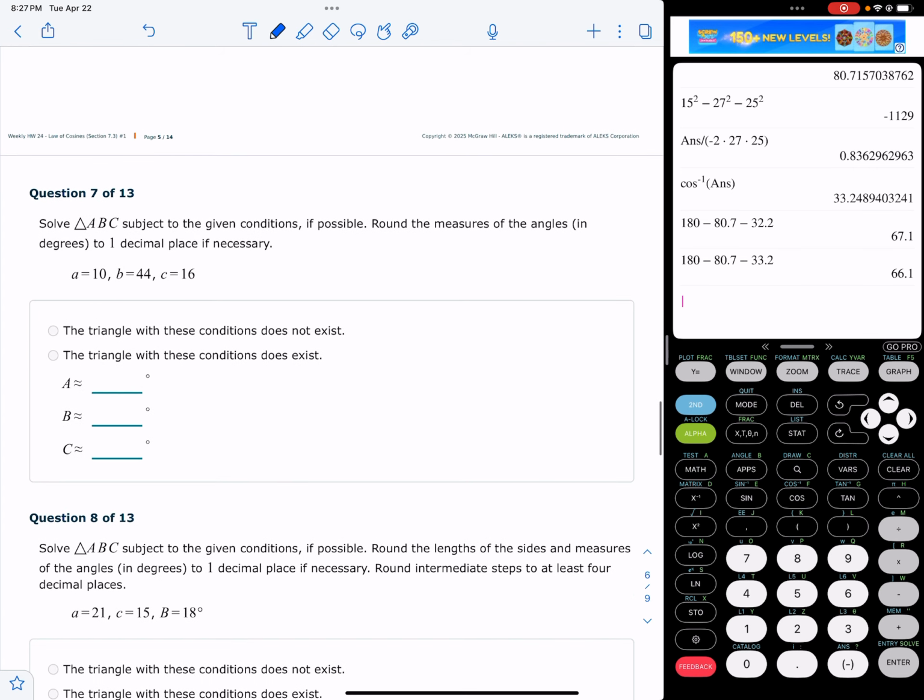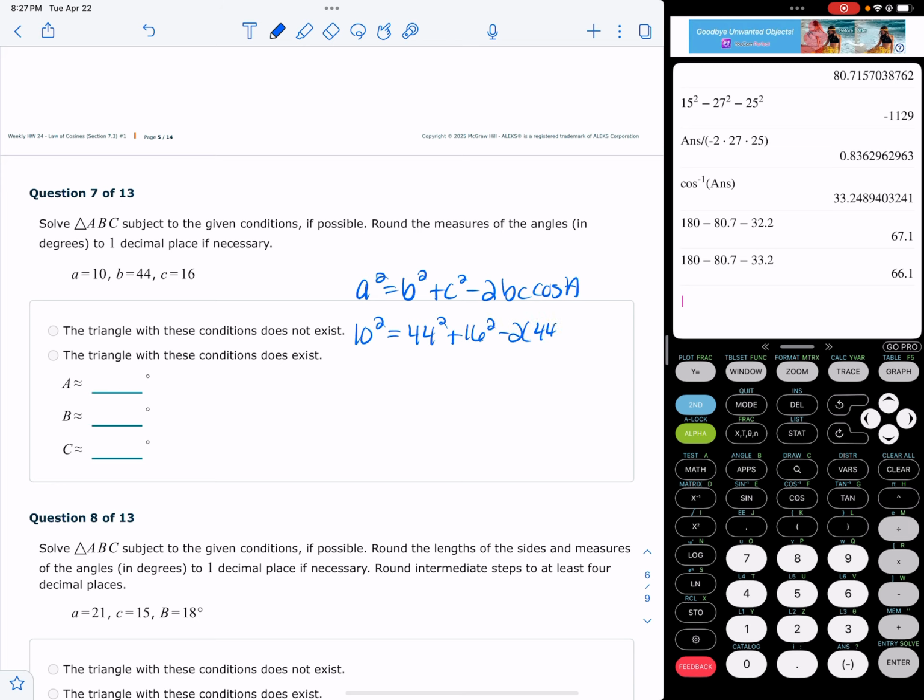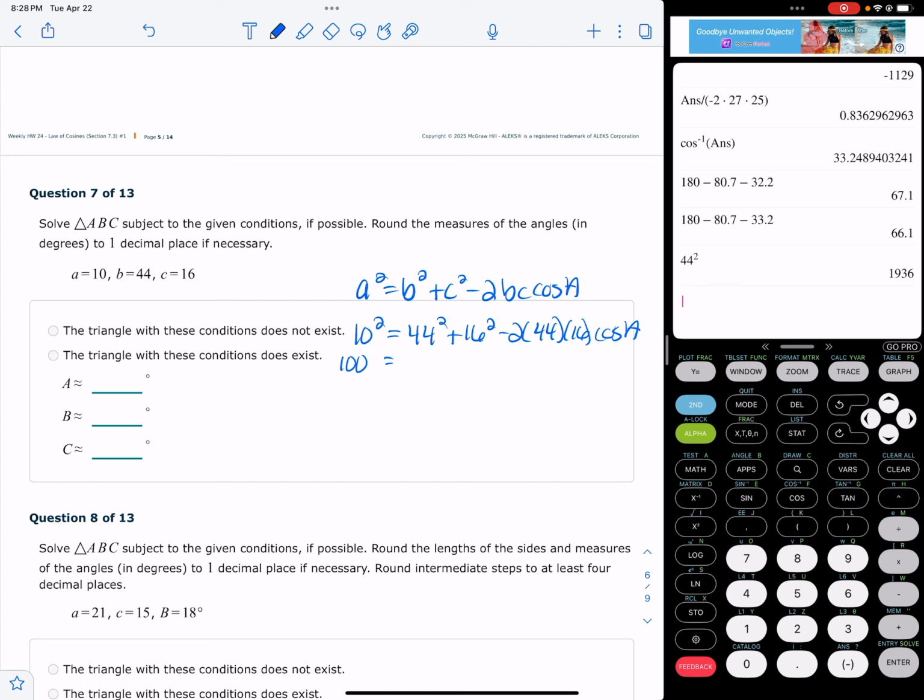Now, we're going to do number 7 because this is one where a triangle doesn't exist. So we're given three sides. Pick an angle to start with. We'll do A. Fill in what you know. And then let's work our magic. So 10 squared is 100. And I'm going to actually work it all out so you can see what happens.